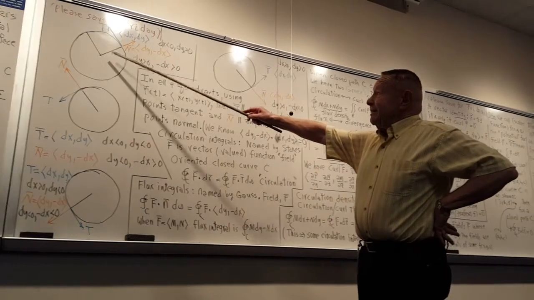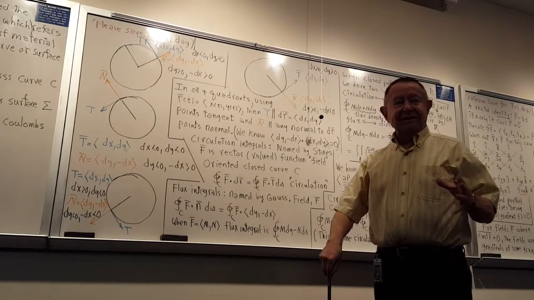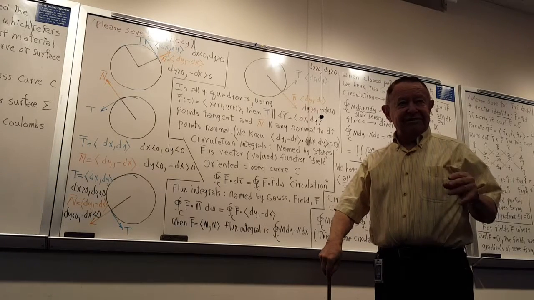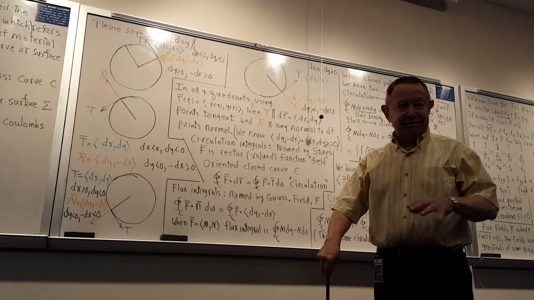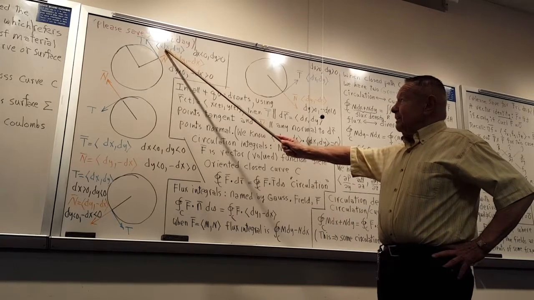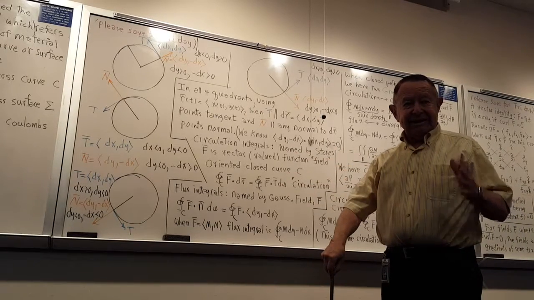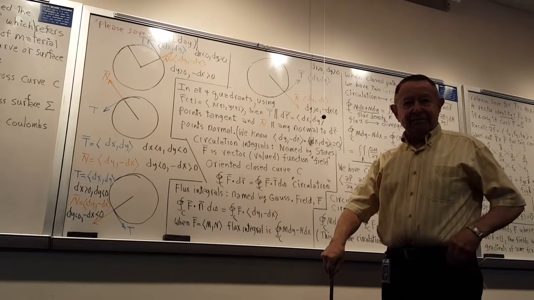So if you're thinking of a curve traced by r of t equals x of t comma y of t, remember we're in the plane, then this would be dr in differential form, dx comma dy.